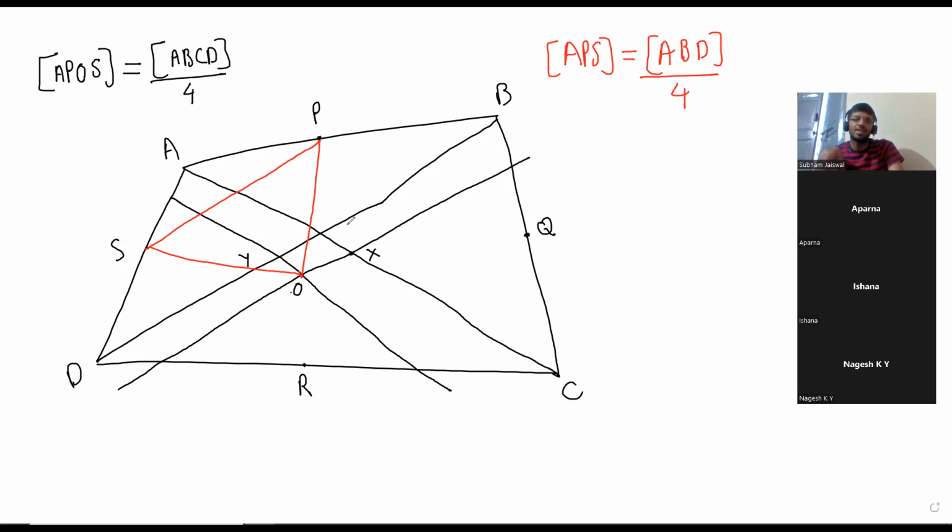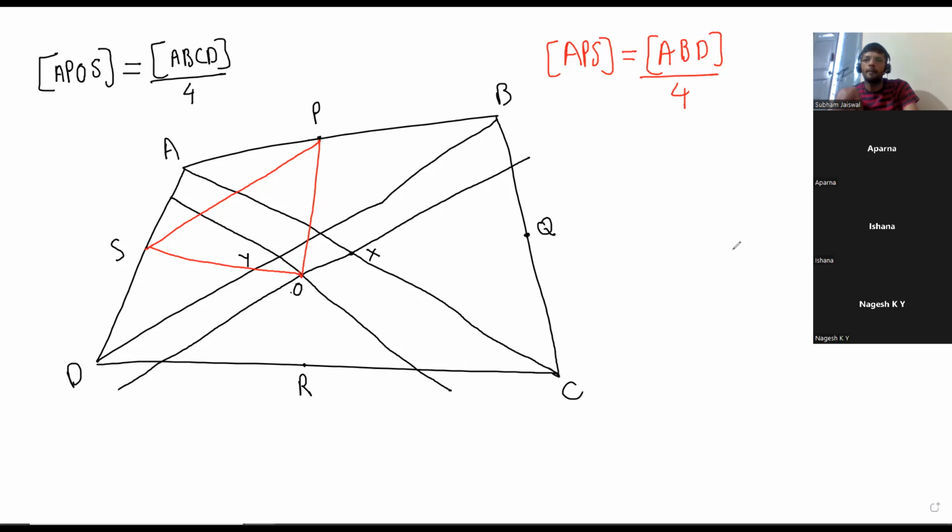So now, what is the task? What is the problem reduced to? See, now we see that from ABD, we have taken 1/4 of ABD, right?